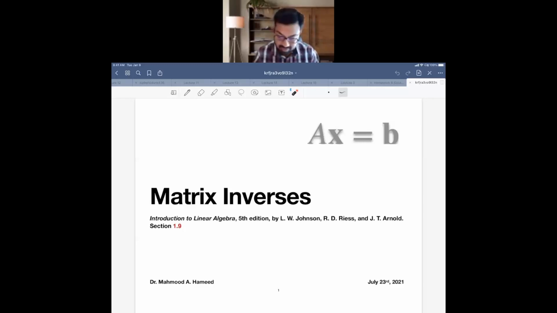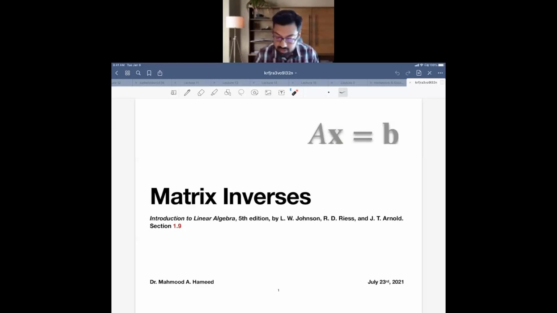All right, okay. Let's get started with the lecture here. So we are going to continue our conversation on solving a system of linear equations. We formulated a matrix equation earlier with AX equals B, A containing the coefficients of your unknowns, X containing a vector of unknowns, and on the right hand side, B is a vector of right hand side constants.